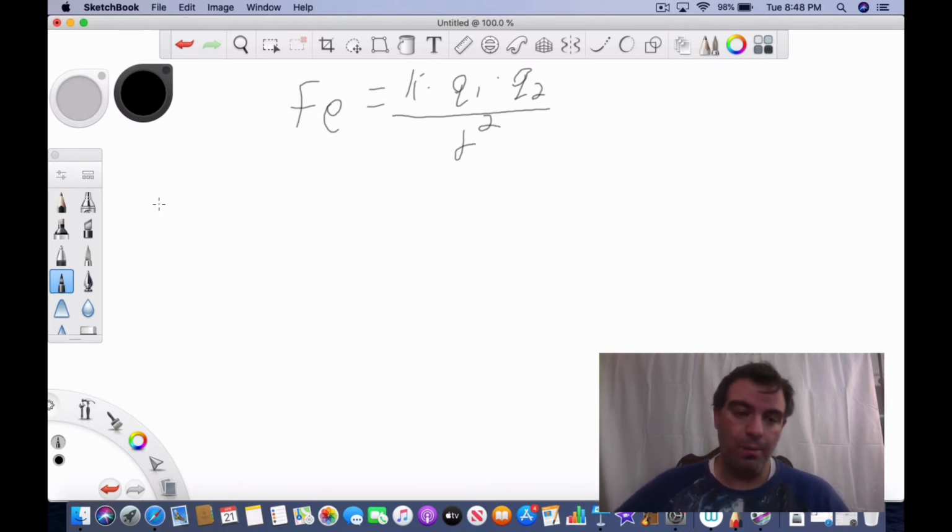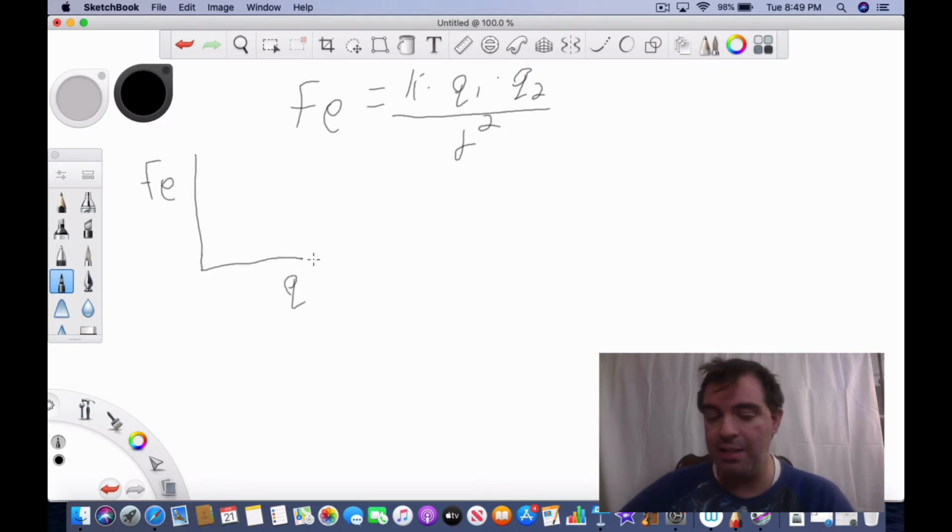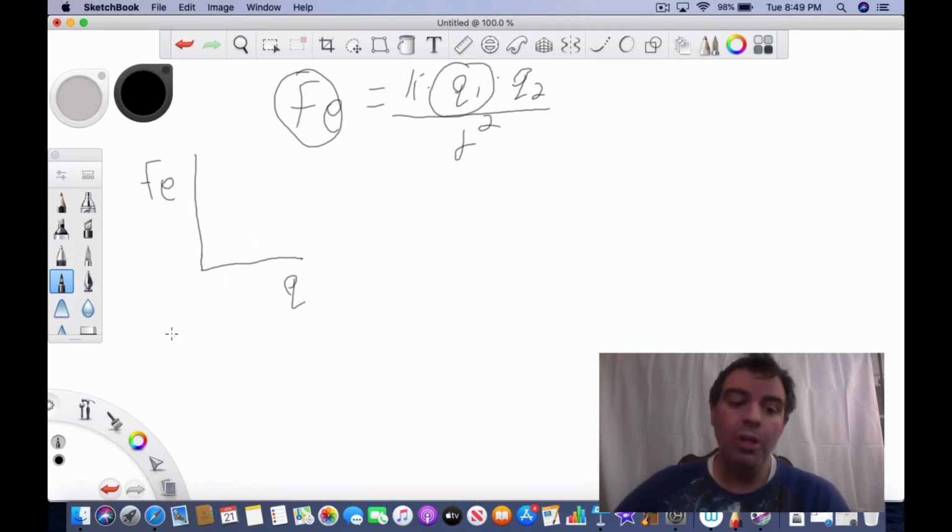The first relationship is between F_e, the electrostatic force, and any charge. F_e and q1 are both in the numerator, so they are directly proportional.